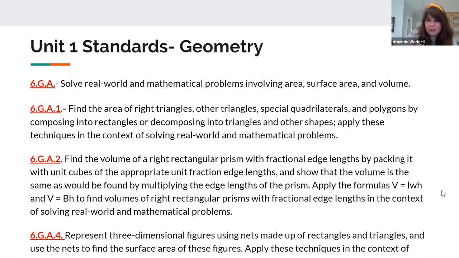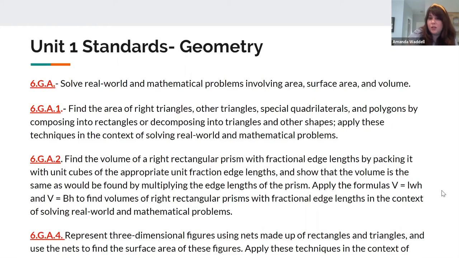This skill of packing unit cubes is a little in depth, but it circles back around in Unit 4. So don't freak out if your students aren't getting it immediately, because they will come back to that skill in the fraction unit. And then standard 4 goes into nets and surface area and those 3-dimensional figures. So that's really what we're looking at as far as standards for geometry.